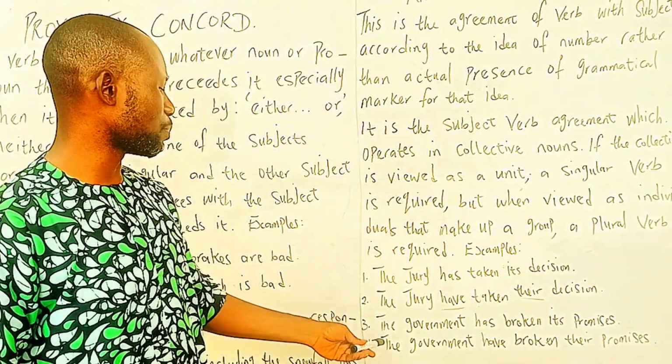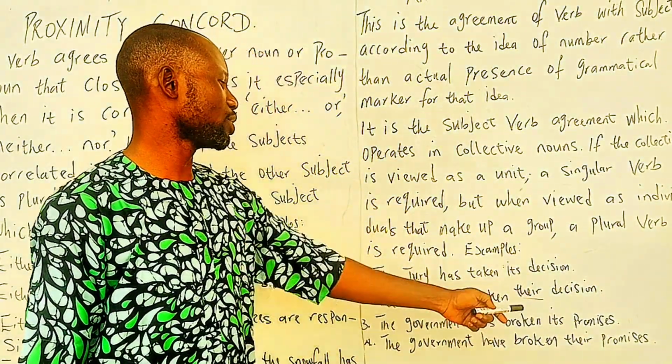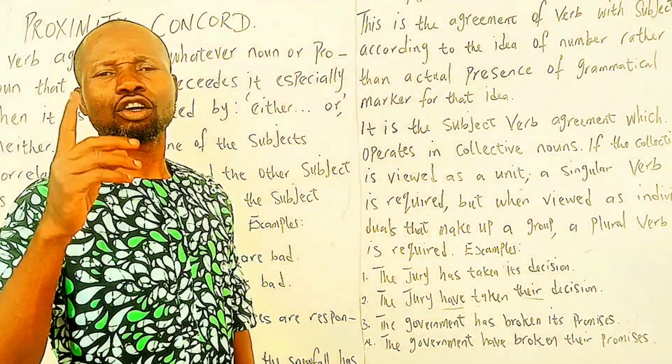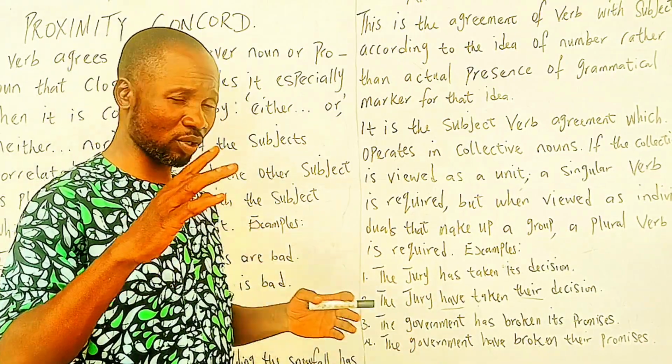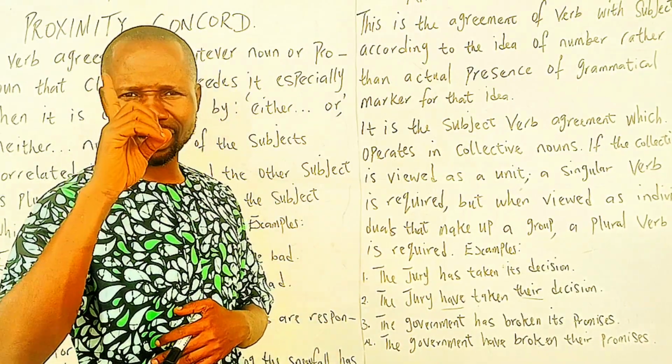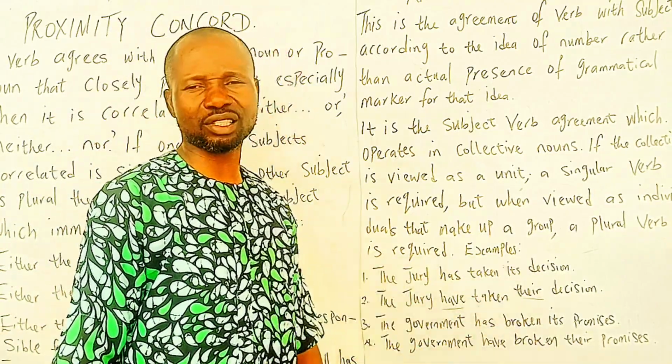Then in the next example: the government has broken its promises. You have seen that government is looked at in this sentence as one. But in the second one: the government have broken their promises.